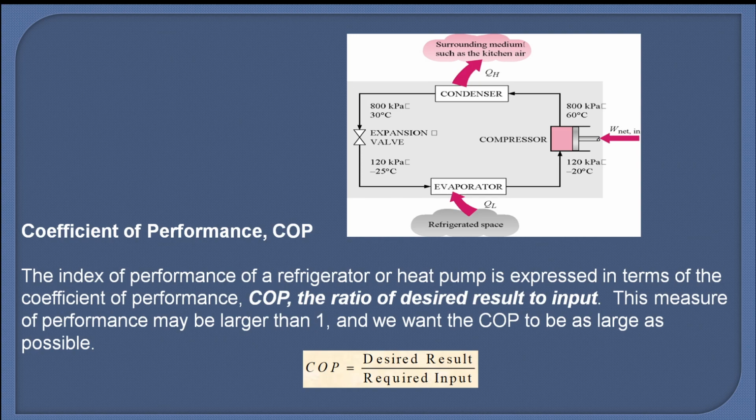So this measure of performance, the obvious difference from the thermal efficiency is that this could be greater than 1, whereas the thermal efficiency is always less than 1. And we want the COP to be as large as possible. In the case of a refrigerator, we want the refrigerator to absorb as much heat as possible from the cold refrigerated space, or in the case of a heat pump, we need as much heat to be rejected to the high temperature reservoir as possible.